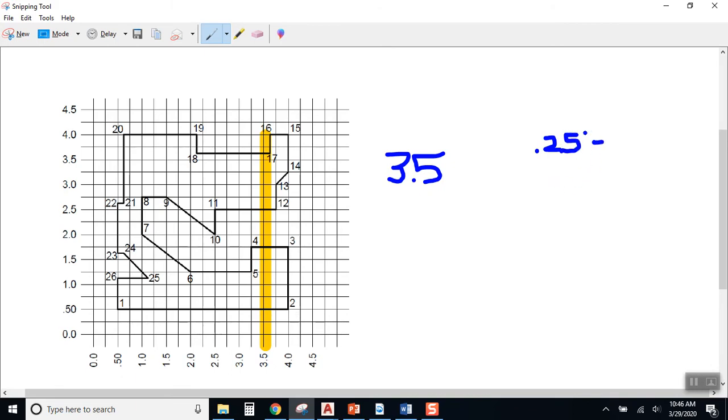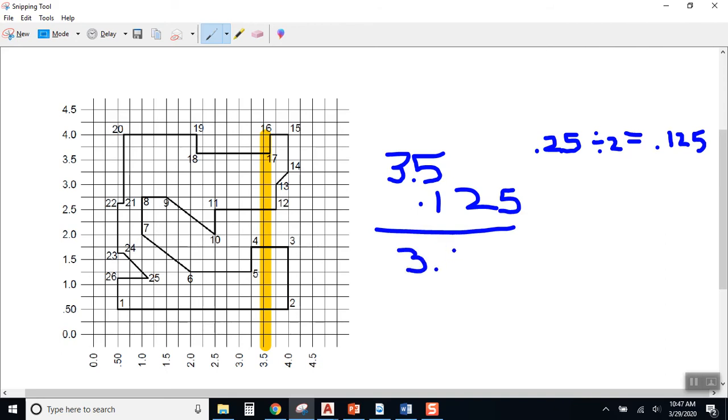If we divide that by 2, we get 0.125. So since we're already at 3.5, we need to add another 0.125. And that would give us a coordinate for the x at 3.625.